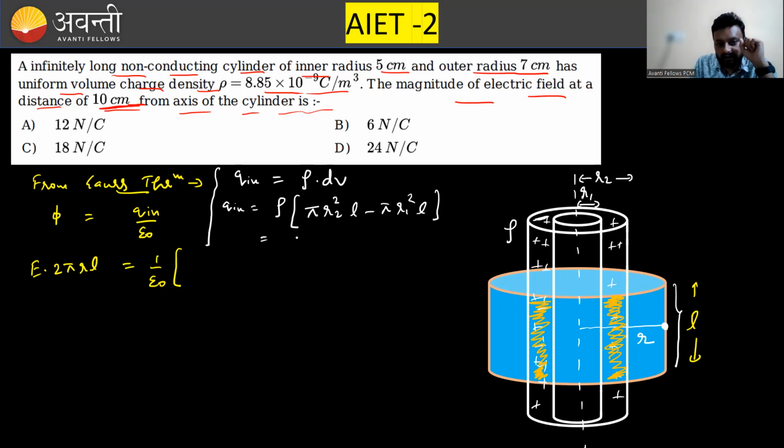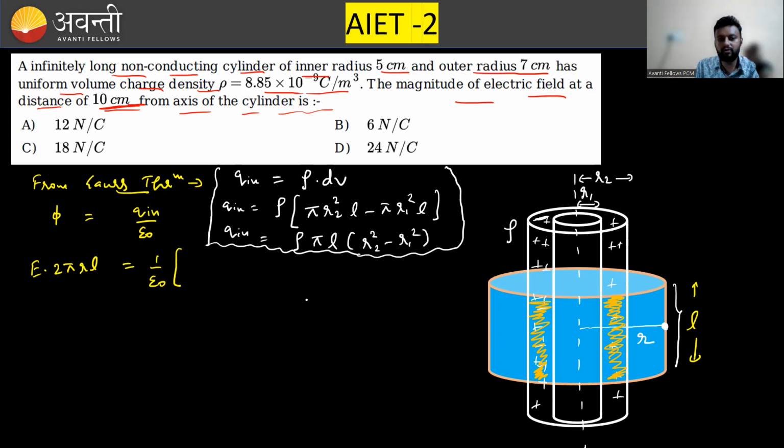So you can again write it as rho pi L, where pi L is common, times R2 square minus R1 square. This is the charge inside. I can close this box because this is just the calculation of charge inside.